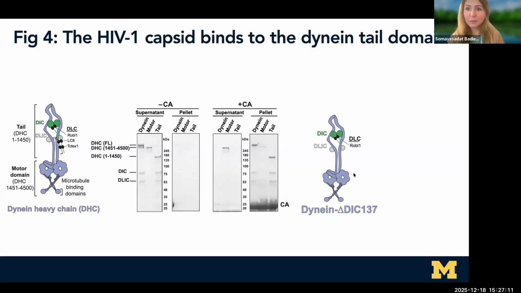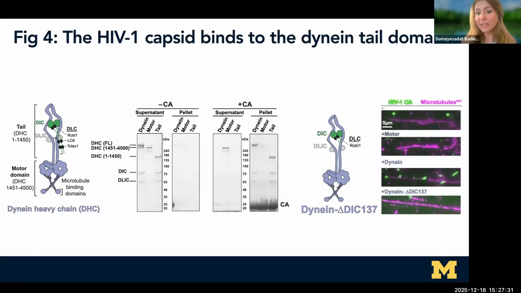And I looked at the recruitment of the HIV capsid in the presence of the full dynein complex and this dynein delta DIC 137, to see if these components, LC8, TCTEX1, and the N-terminus of the DIC, play any role.